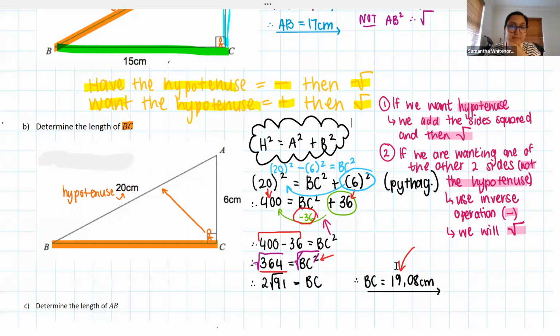Ma'am, do we always have to change it? What do you mean change it? The answer, ma'am. Yes, you always have to square root, yes. Oh, yes, thank you, ma'am. Okay, cool.